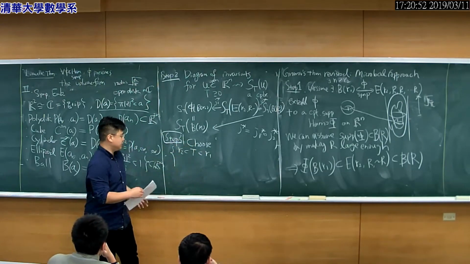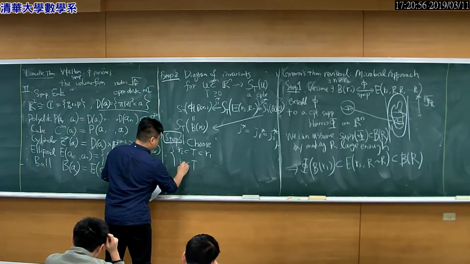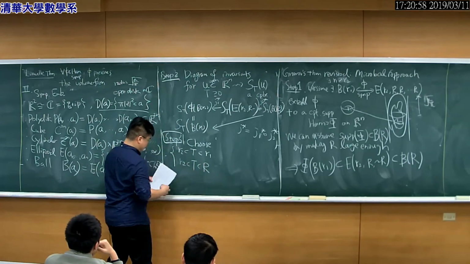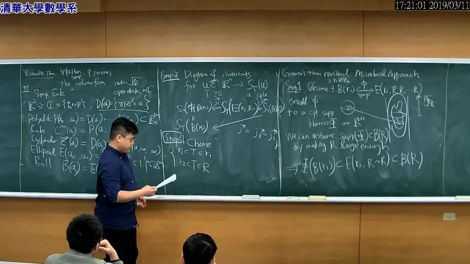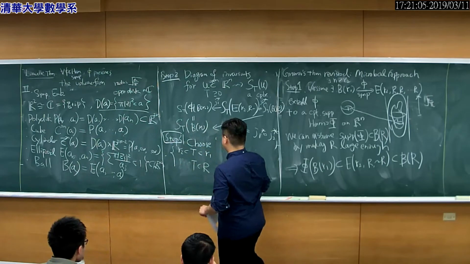We can insert a T here, and we also want, because this T also satisfies this, T less than R. Okay.